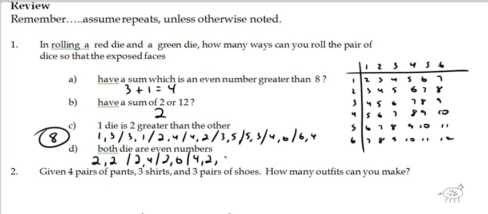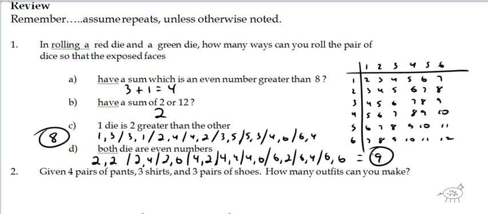I can roll a 4 and a 4. And I can roll a 4 and a 6. And I can roll a 6 and a 2, a 6 and a 4, and a 6 and a 6. Okay, and if I count all these up, I get 9 possibilities. So 9 ways I can roll where both die are even numbers.